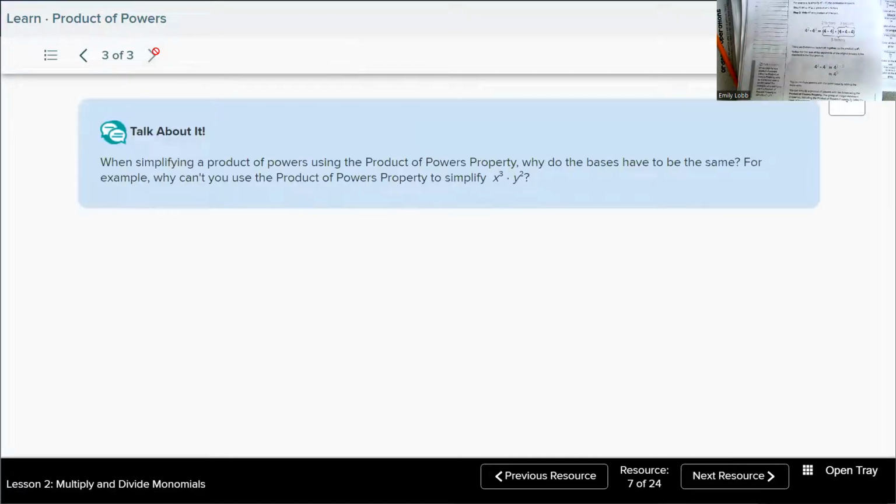We're on page 14. So when simplifying a product of powers using the product of powers property, why do the bases have to be the same? So why couldn't I use the product of powers property to simplify something with different bases?